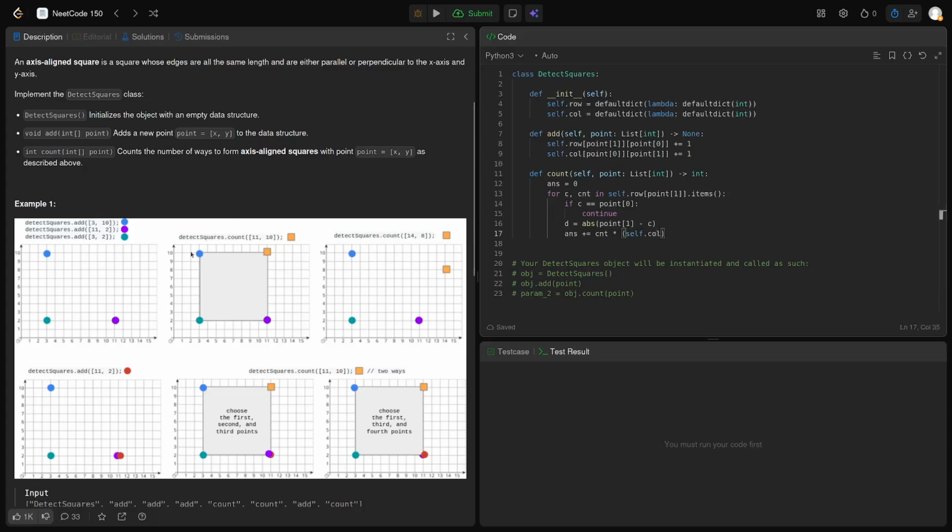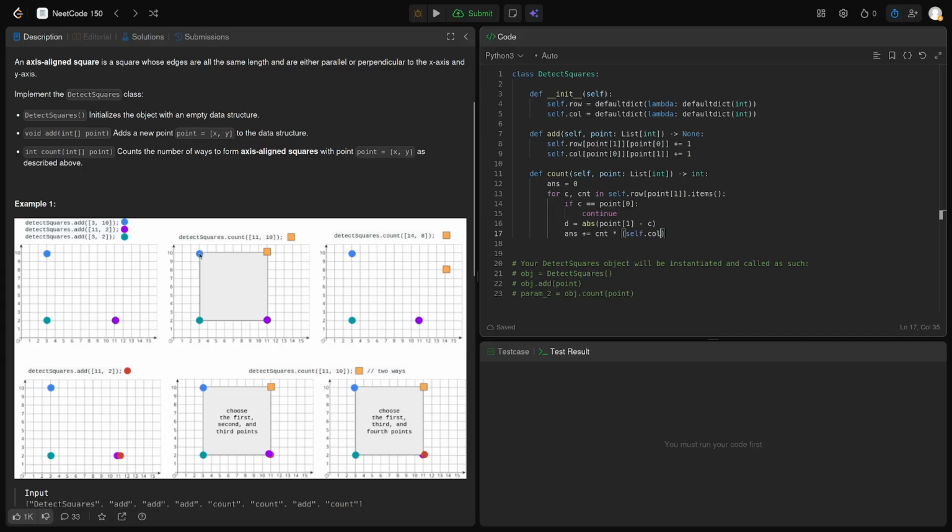So we are going through the row, right? So let's say we get this query point and then we are going through C of 3 and count of 1. Right, and now C3 is not equal to this, so we don't continue.